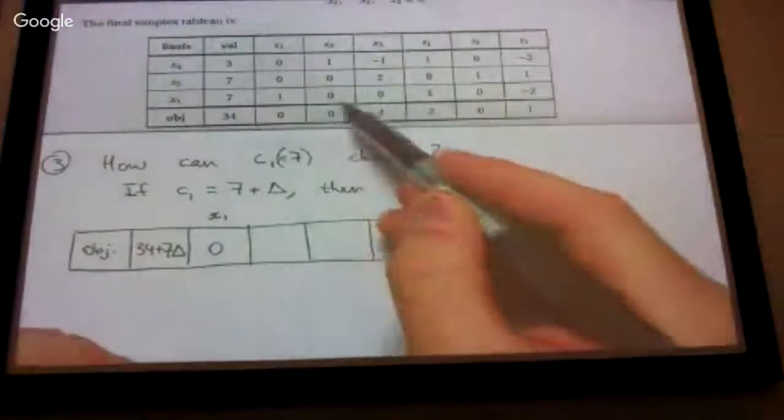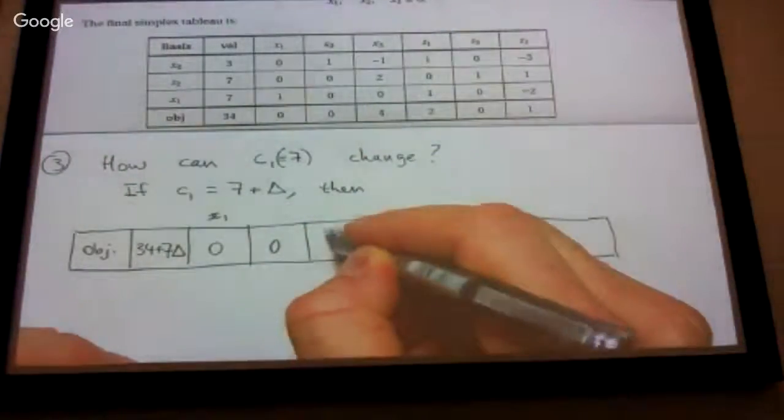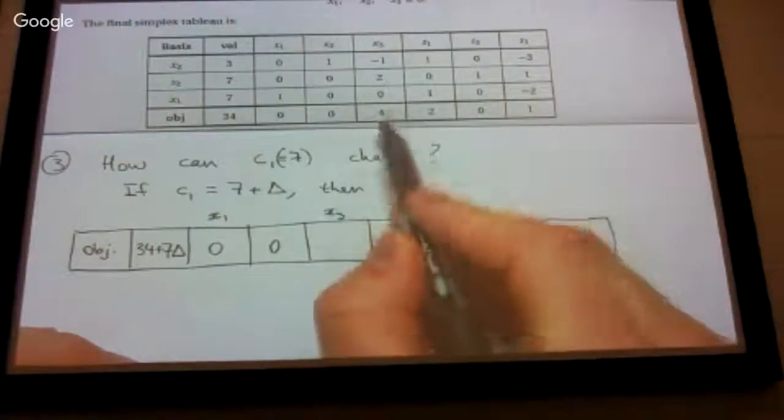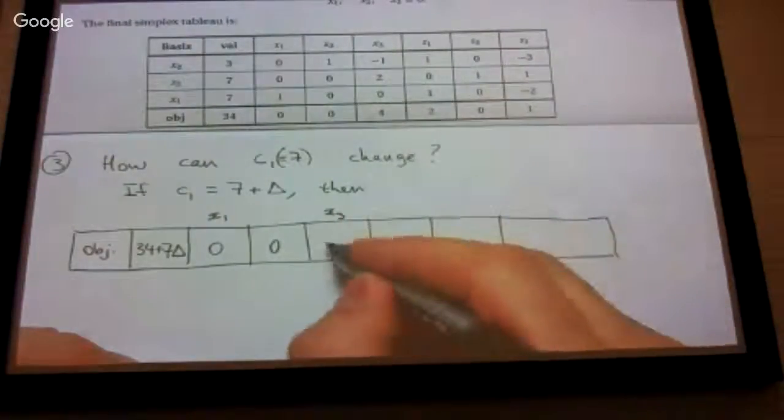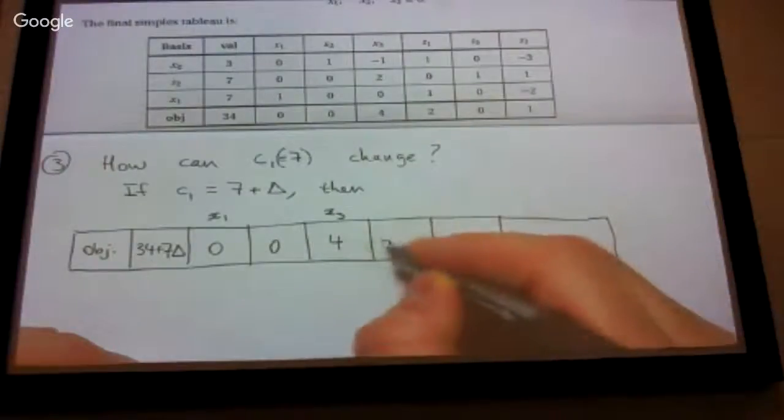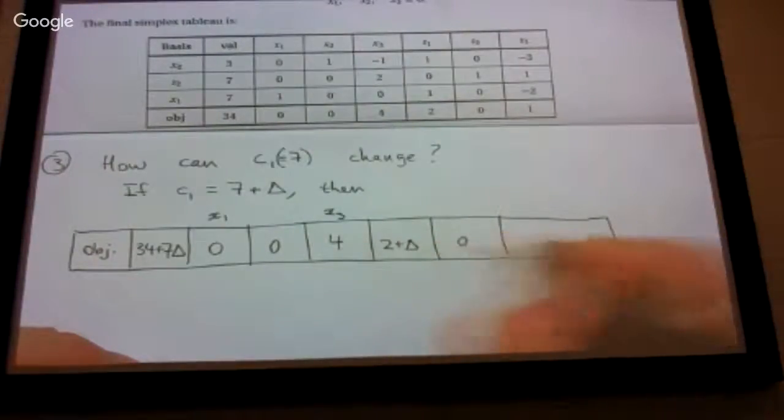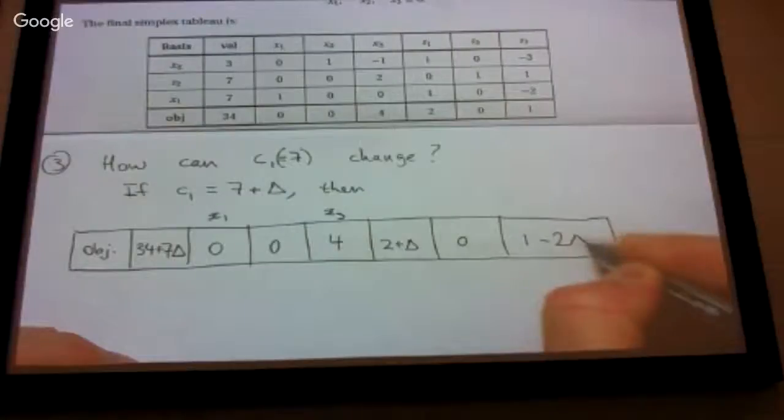And we're adding delta times 0 here, so nothing changes there. For x3, there's a 0 there, so 4 doesn't change at all. Here we get 2 plus delta, 0, 1 minus 2 delta.